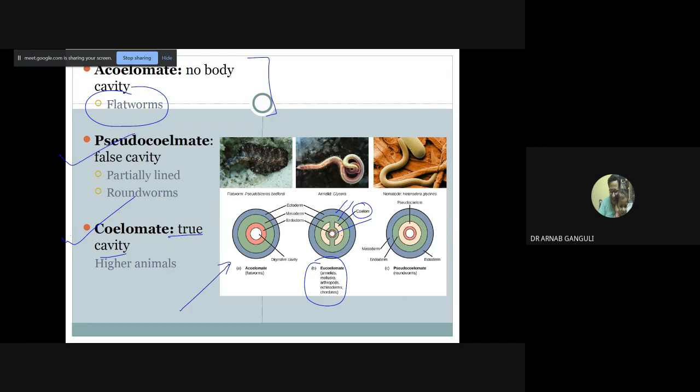Pseudocoelomates, the cavity is false. In pseudocoelomates, the fluid-filled cavity is not between the mesoderm.